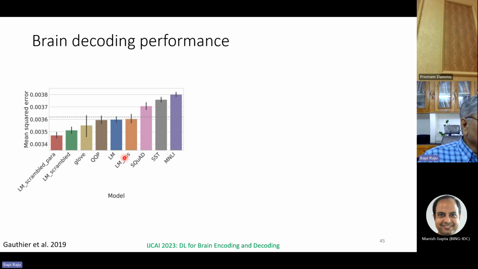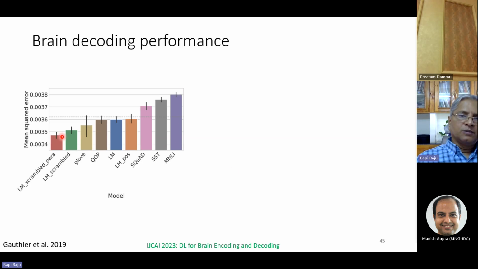They have also done other models where the POS tags, the parts of speech tags, are scrambled, right? So what you see here is the performance, the mean squared error. Here, mean squared error is the metric that strictly evaluates the ability of human brain activations to exactly match the representational geometry of the model activations, right?